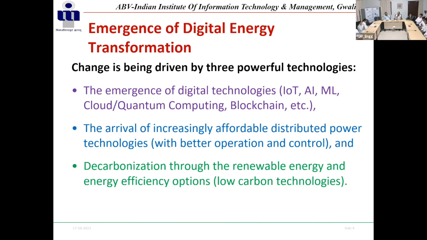On the other side, we can also use energy efficiency options. Your motor may not be efficient, your air conditioner may not be very efficient. If you save even 1 kilowatt at the load end, it means you are saving more than 1 kilowatt of generation, because there are losses in the system. We call these low carbon technologies.